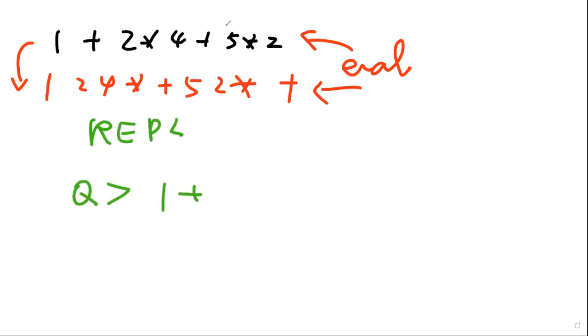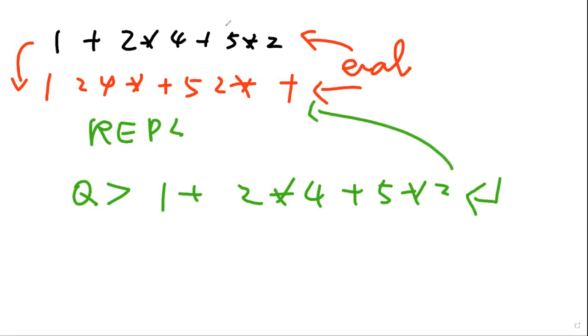So the guy types in 1 times 2, 1 plus 2 times 4 plus 5 times 2, right? The guy hits enter for this. Now internally it translates into this. Then it uses the scheme that I just described, push in, pop out, push in, pop out, and it gives you 19.